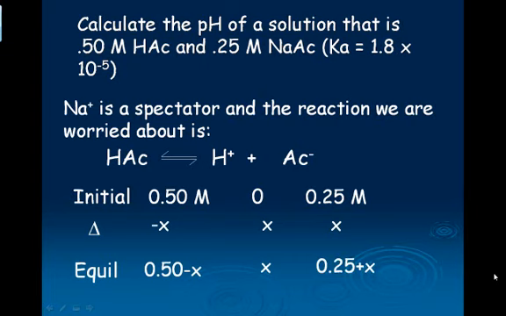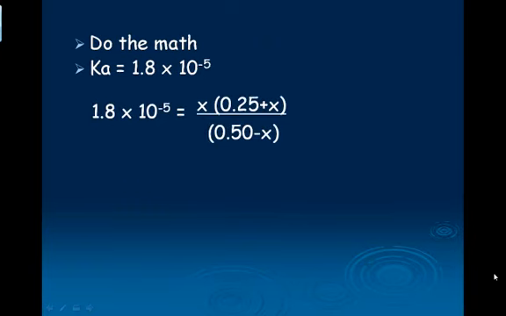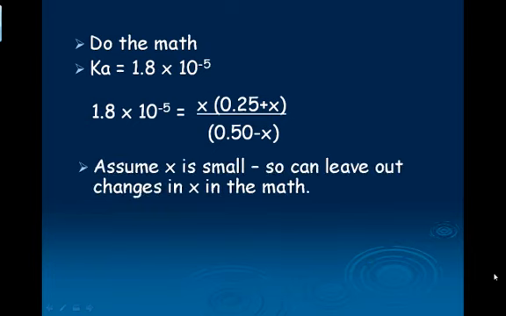So we end up with three equilibrium concentrations, and we would put these into the Ka expression like you normally would. So we want to do the math using the Ka. The Ka for acetic acid is 1.8 times 10 to the negative 5th. So we're going to set up our H plus concentration and acetate ion concentration over our acetic acid concentration.